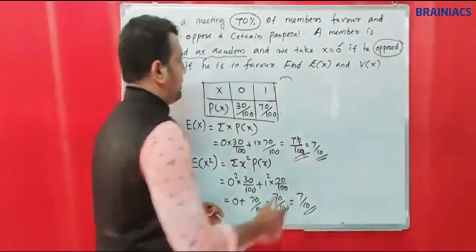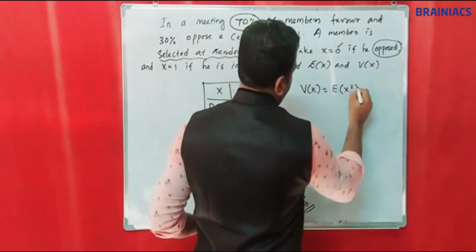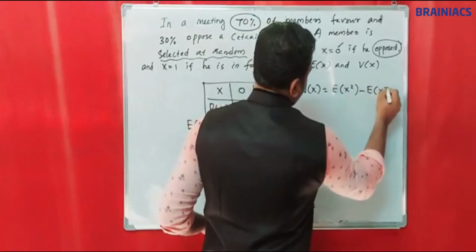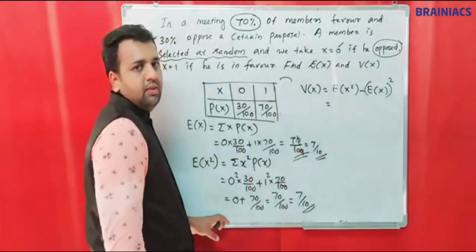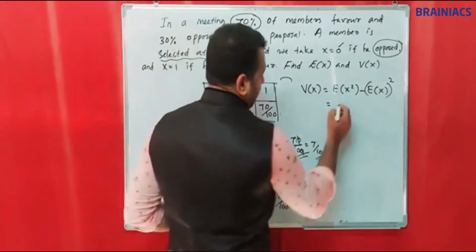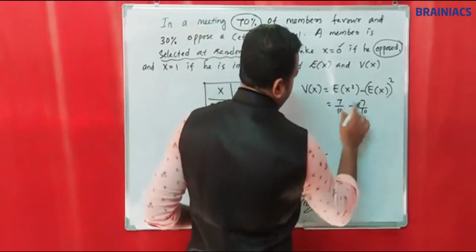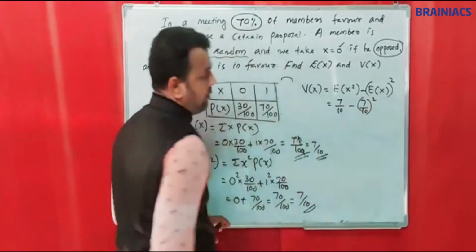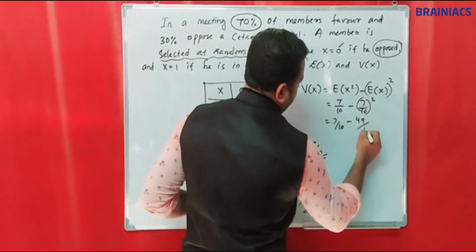So variance of x is equal to expectation of x square minus expectation of x the whole square. That's the result, variance of x. Expectation of x square is 7 by 10 minus 7 by 10 the whole square.